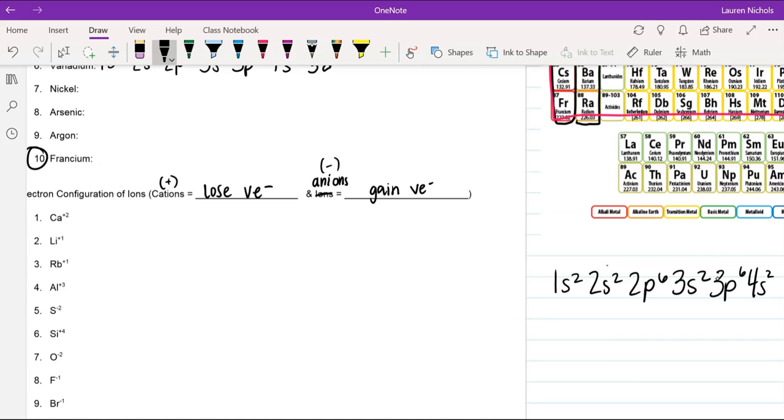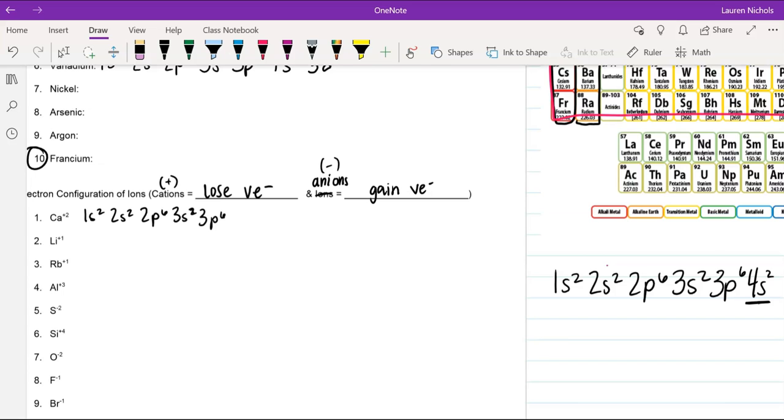Now, because calcium has a positive 2 charge, that means it's going to lose 2 of those valence electrons, the ones on the very outside. So instead of being 1s2, 2s2, 2p6, 3s2, 3p6, 4s2, it's going to lose those outer 2 electrons, so the 2 from 4s are gone, and it actually goes down to 3p6.